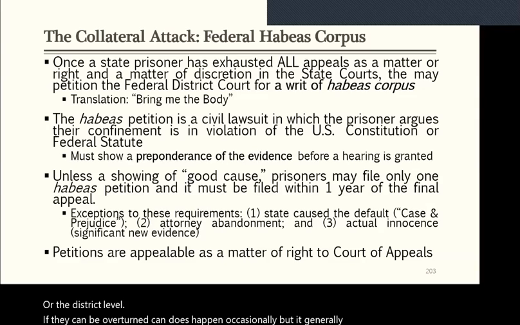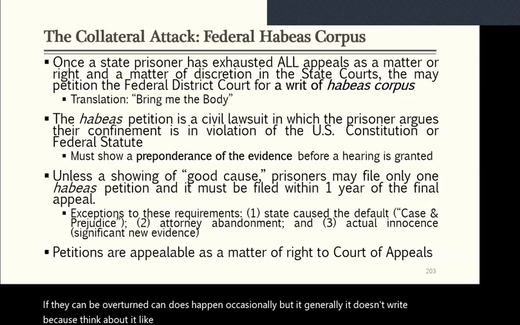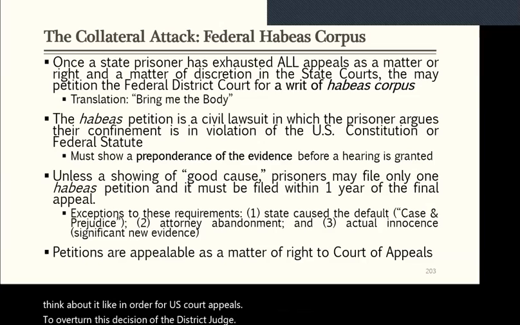Because think about it, in order for the U.S. Court of Appeals to overturn this decision of the district judge, it meant that the state Court of Appeals had to have been wrong. The state Supreme Court had to have been wrong.